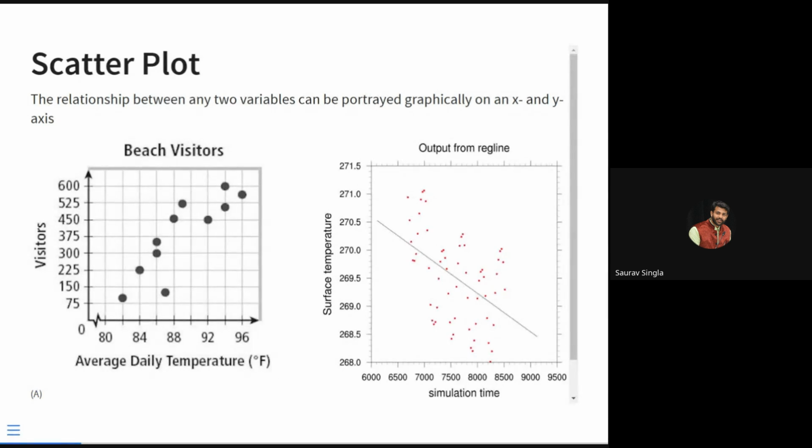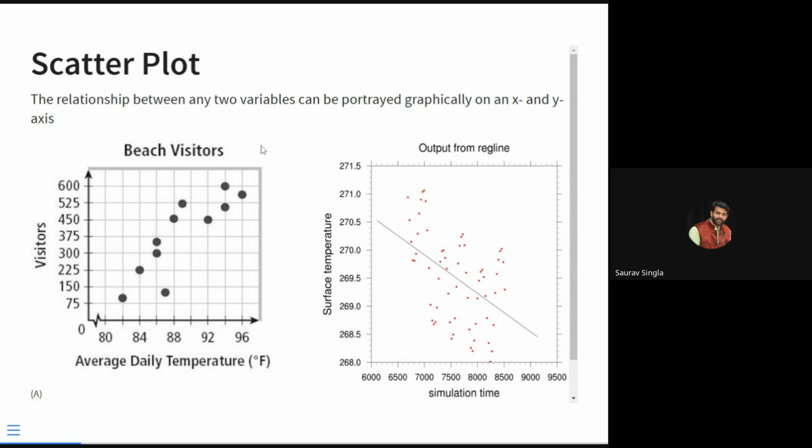If you have a look, somewhat, if temperature is increasing, the number of visitors is increasing. So this is giving us a rough idea that there is a positive relationship between these two, right?